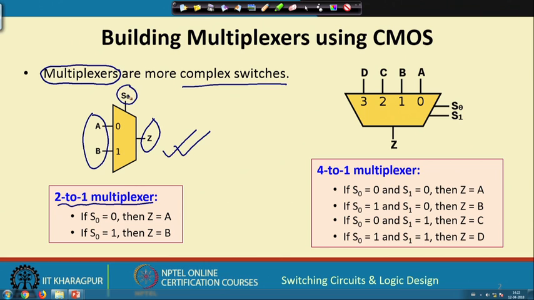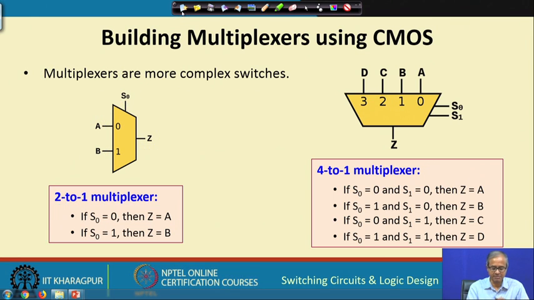Here S0 is a select line. If S0 is equal to 0, then the value of A will be copied to Z. However, if S0 is 1, then the value of B will be copied to Z. So, you can say that this is like a multi-way switch. S0 is the control of the switch. Either I connect A to Z or I connect B to Z. This is the basic idea.